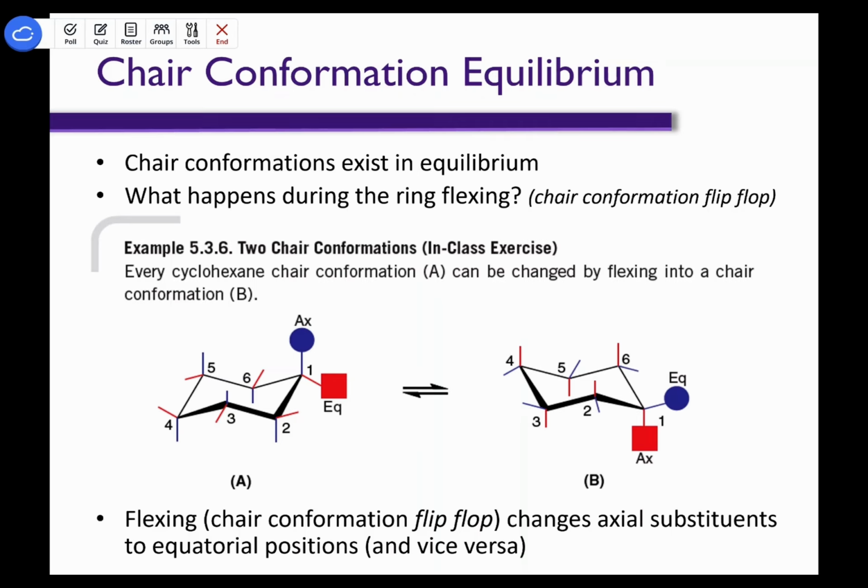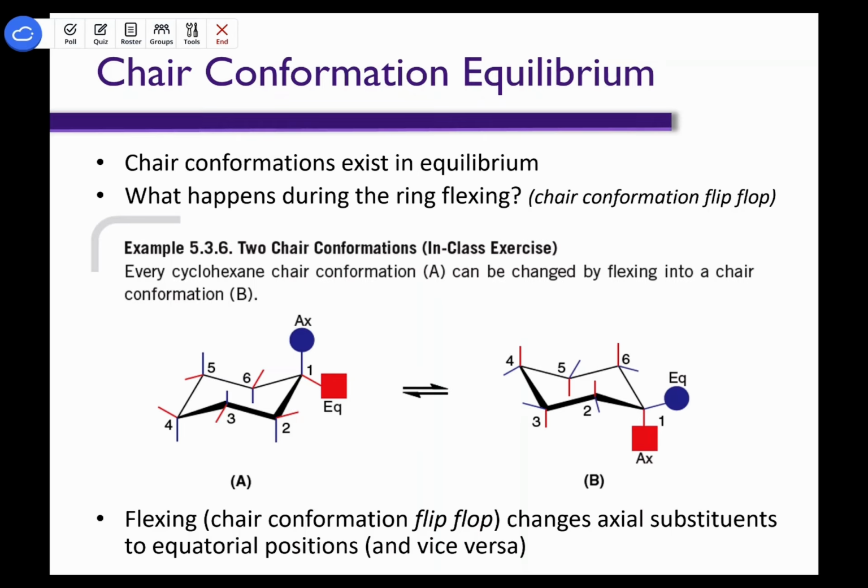Now that we've identified our axial and equatorial, did you know that we can actually make it change? Once you are holding your cyclohexane with all of the axial positions marked, watch what happens.